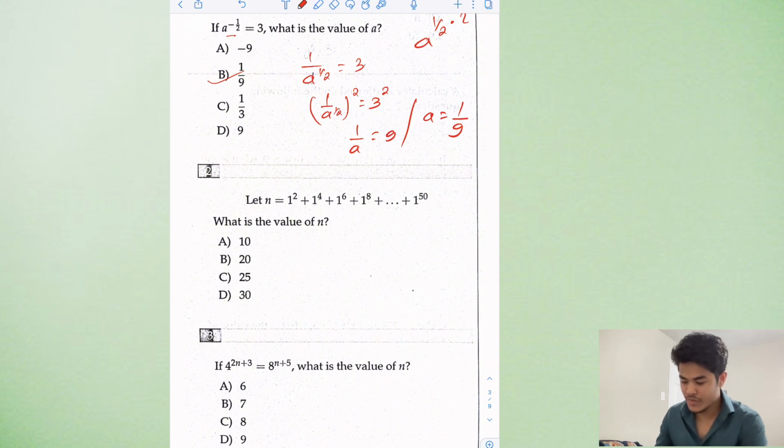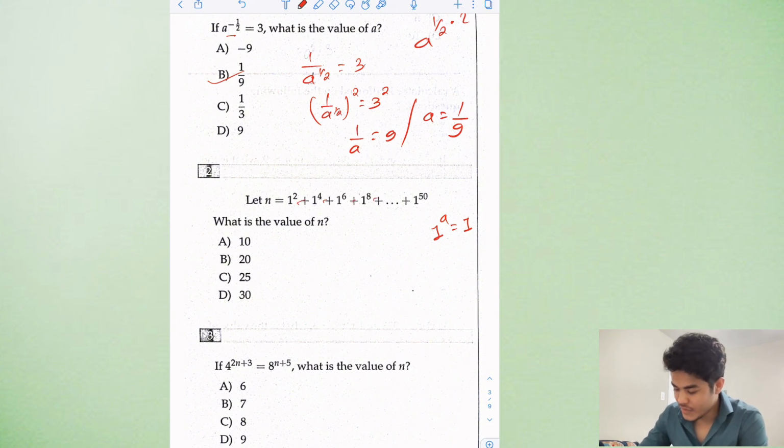Question number 2. Let n equal 1 squared plus 1 raised to 4 plus 1 raised to 6 plus 1 raised to 8, and so on. What is the value of n? We already know that 1 raised to anything is always equal to 1. Our last term is 50, and we can see the exponents are even: 2, 4, 6, 8.